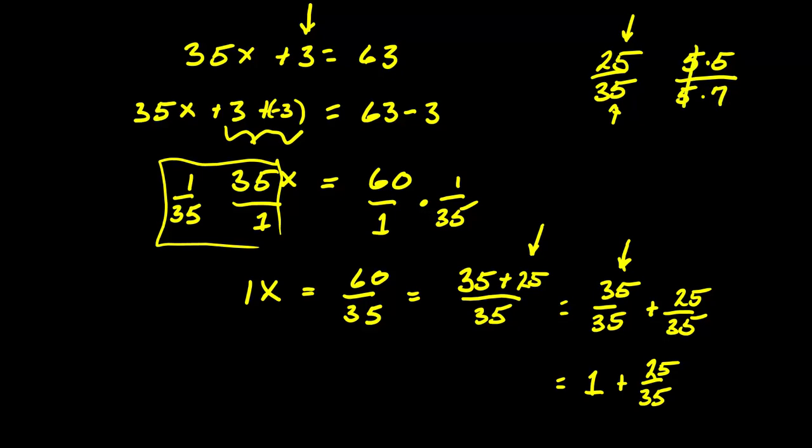The 5's cancel out and leaves us 5/7. So then at the end of all of this excruciating work, we get 1 plus 5/7, and writing that as a mixed number will be 1 and 5/7.